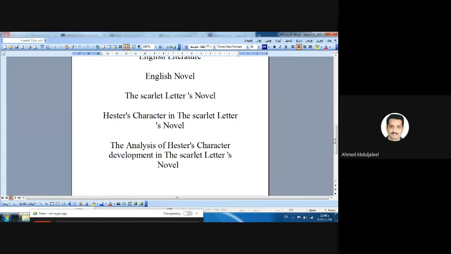So in this case, we can start checking the references, the resources about this type of topic.